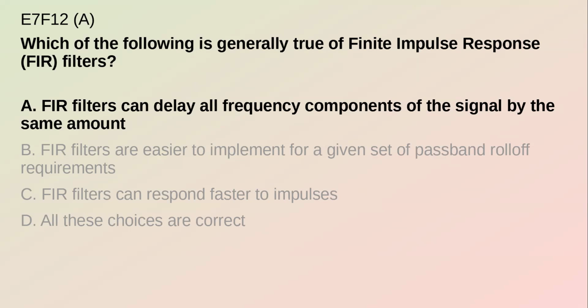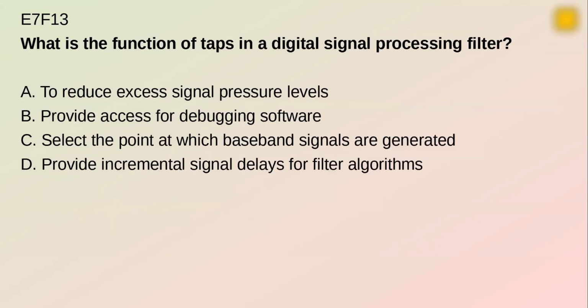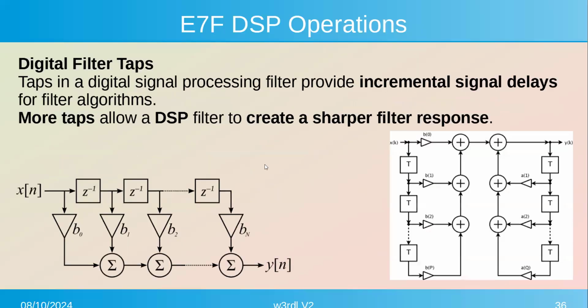Delay. Let's see, low battery. We talked about taps, where each of those stages is called a tap. And obviously, the more taps, the more accuracy on the filter, and the sharper you can get the skirts, essentially.